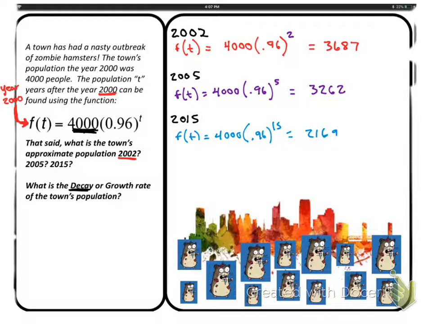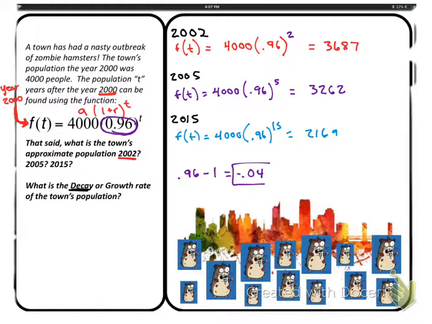Okay, and the rate of decay goes back to what our formula was, right? This was A times 1 plus r to the t power, right? Remember to look at the exponent. The exponent's already t, so we can go straight directly to looking at the number inside the parentheses. We could take our 0.96, subtract the 1 away, so that leaves us with the rate. That's negative 0.04.